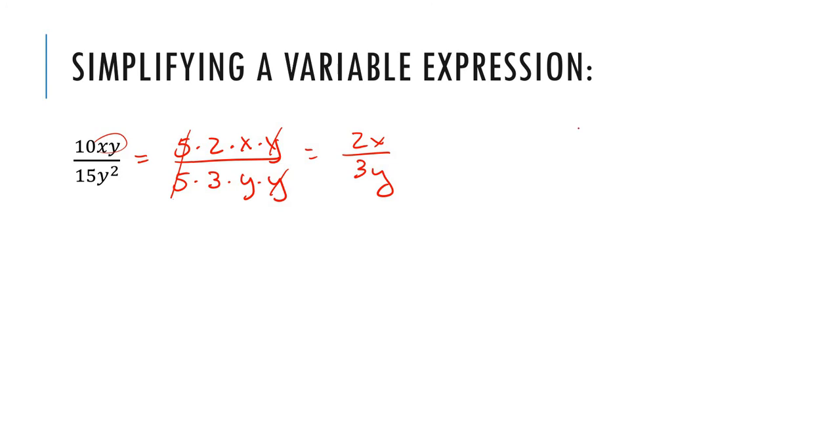Now you could use this same thing with just numbers. Let's go back to our 12/30. Instead of saying 12 divided by 6 and 30 divided by 6 to get 2/5, I could have taken my 12/30 and written it as factors.